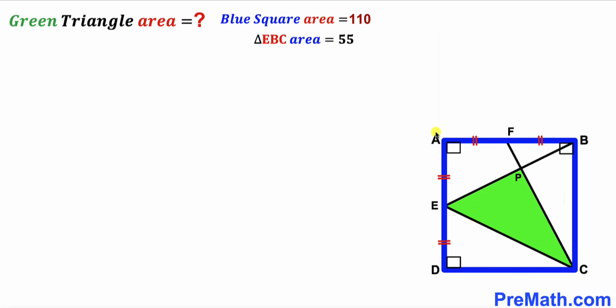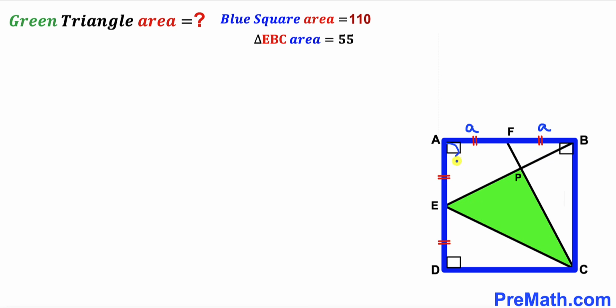Bear in mind that all these angles are 90 degrees each, since we are dealing with this blue square ABCD. Now let's make an observation. We can see segment AF equals segment BF. So if I label this segment as lowercase a, then this segment has got to be lowercase a as well.